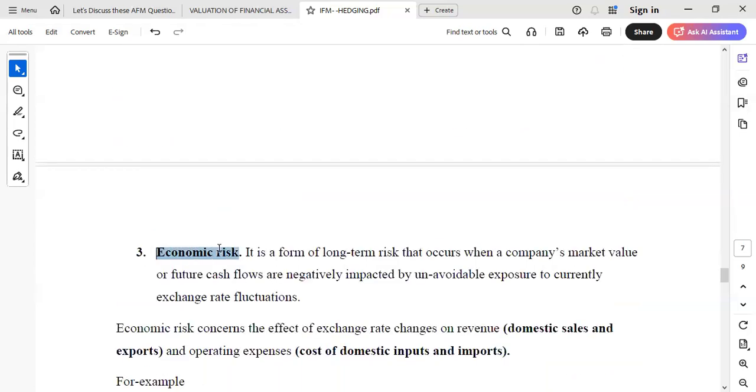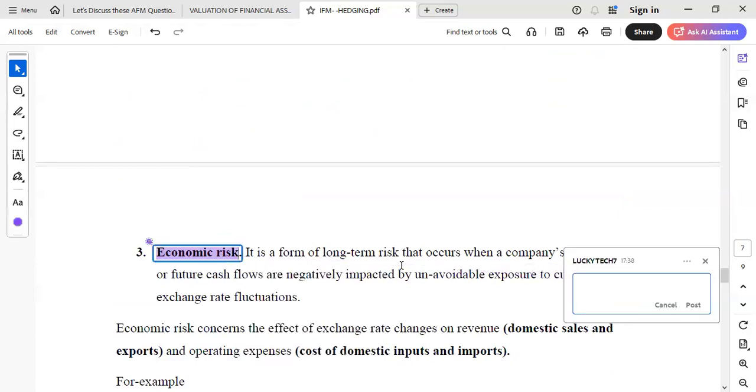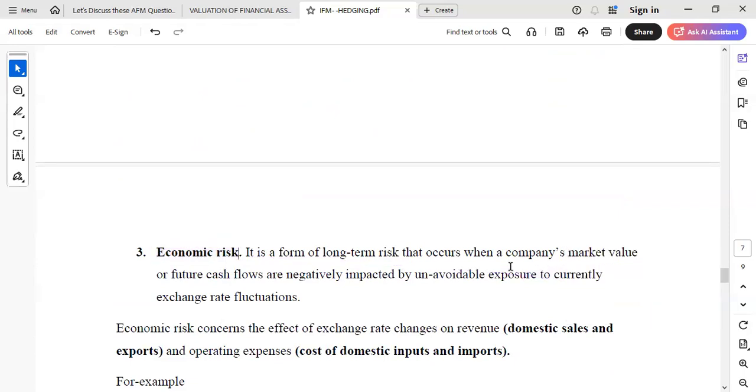Then economic risk. This one is a long-term risk that occurs where the market value or the future cash flows are negatively affected by unavoidable exposure to current exchange rate fluctuations.